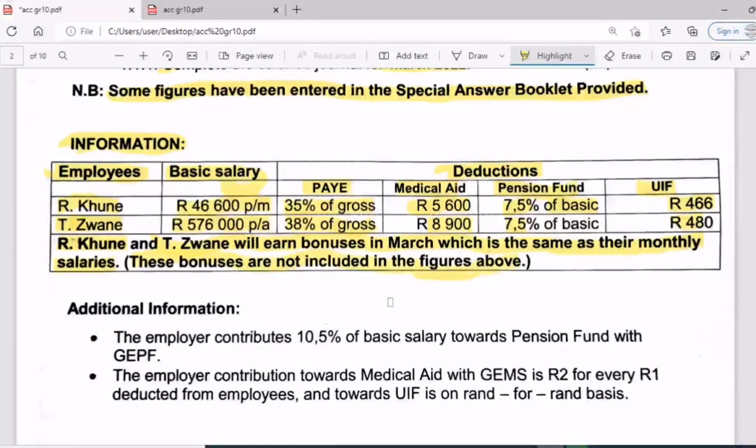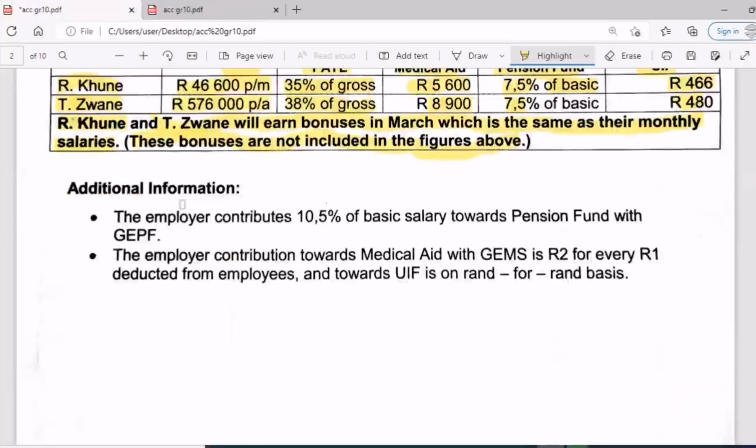So for the month of March, both Kune and Zwane earned the bonuses, and the bonus is equivalent to their monthly salary. We're going to add the bonus in the calculation of the gross salary.